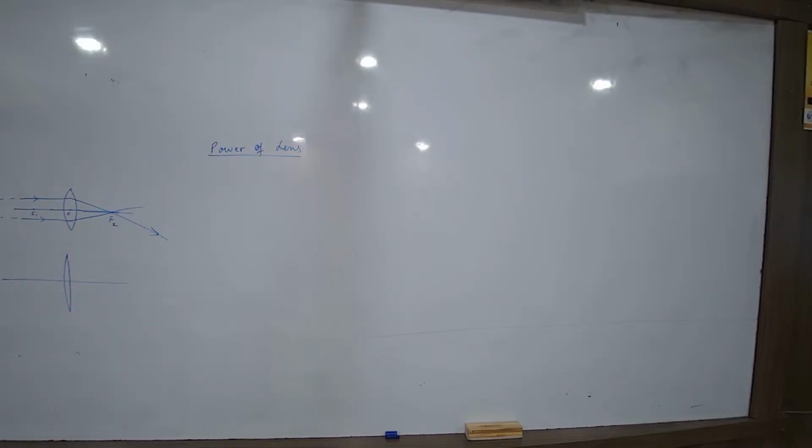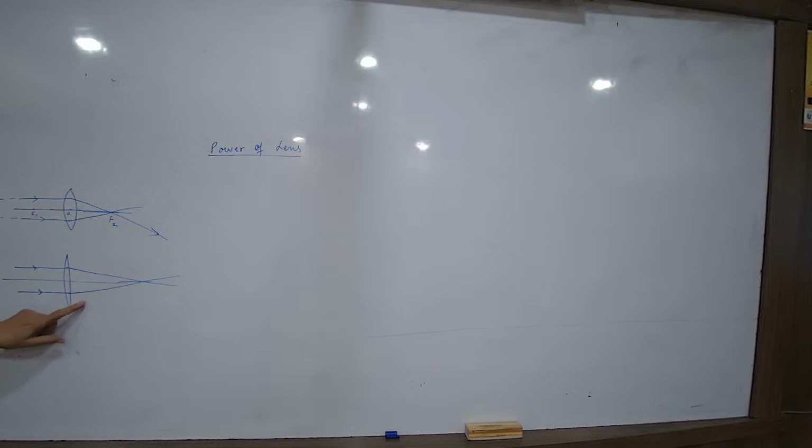But if you are talking about a ray of light above and below the principal axis, it is also converging, but it is converging somewhere here. If you notice the difference between this and this, if it is a thicker lens, the converging power is more.